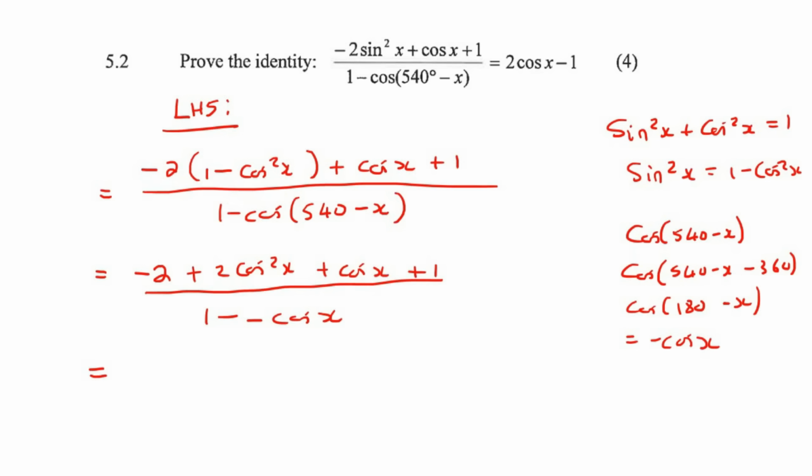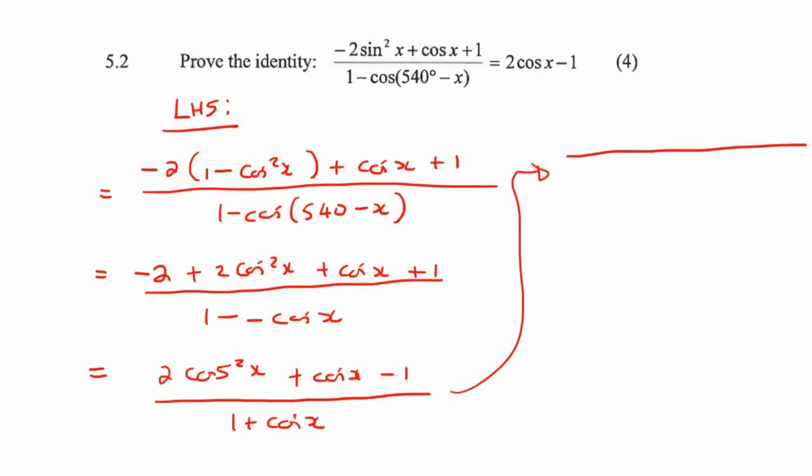Now I'm just going to simplify at the top. So at the top you're going to end up with 2 cos squared x plus cos x minus 1, because this is minus 2 plus 1, which is minus 1. And then at the bottom, we'll end up with 1 plus cos x. Okay, so now to factorize that, we're just going to have our two brackets because it's a trinomial.